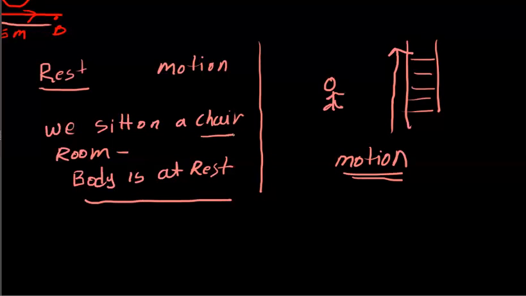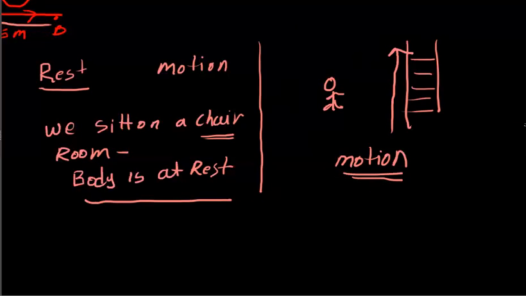The immediate surrounding of the chair is not changing its position. So we say that the chair is at rest. Similarly, if you see the train from a railway station, you will see that the train is changing its position with respect to the immediate surrounding, which is the railway station. So we say that the train is in motion.